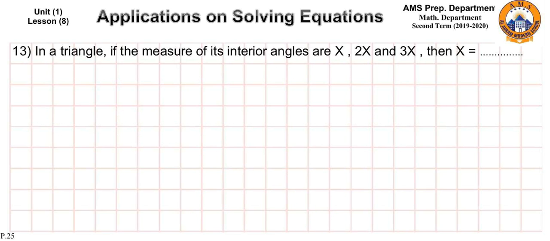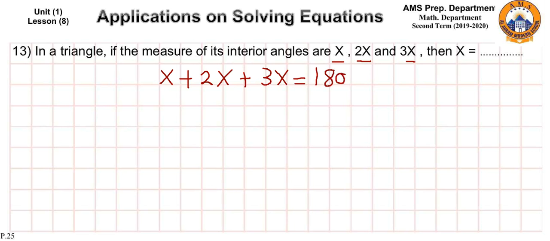Page 25, exercise 13. In a triangle, if the measures of the interior angles are x, you have 3 angles, x, 2x, and 3x. Then x equals what? He asks you also to find the value of x. So you have to add the angles and write the sum equals 180.